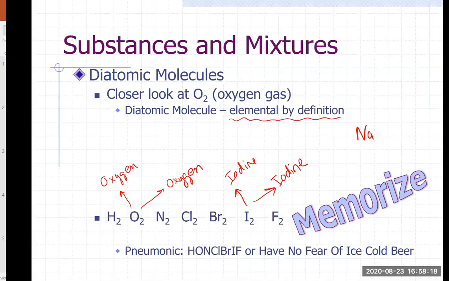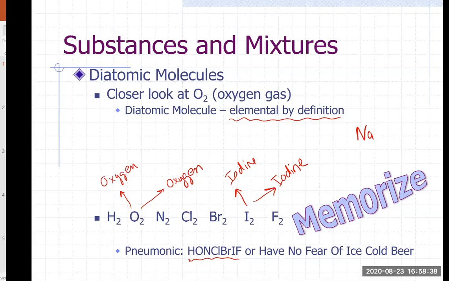There are a couple of mnemonics down here at the bottom of the screen. For example, HONClBrIF: H for hydrogen, O for oxygen, N for nitrogen, Cl for chlorine, Br for bromine, I2 for iodine, and F for fluorine.